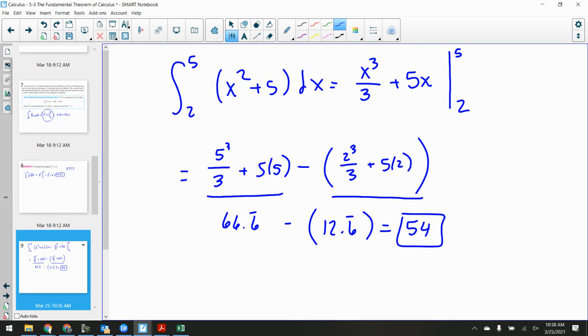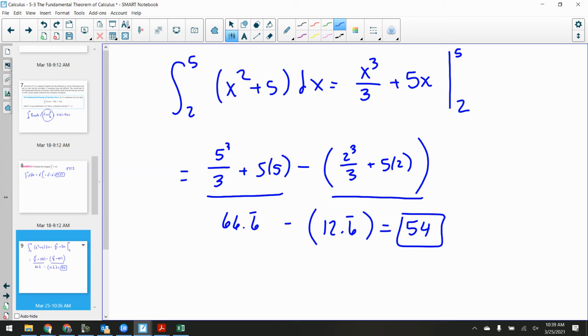Make sense? Do we understand what this is replacing? I hope you comprehend, I hope you understand, think back to section 5.1. To calculate from 2 to 5, I would need to find the Riemann sum between 2 and 5 of this x squared plus 5x.